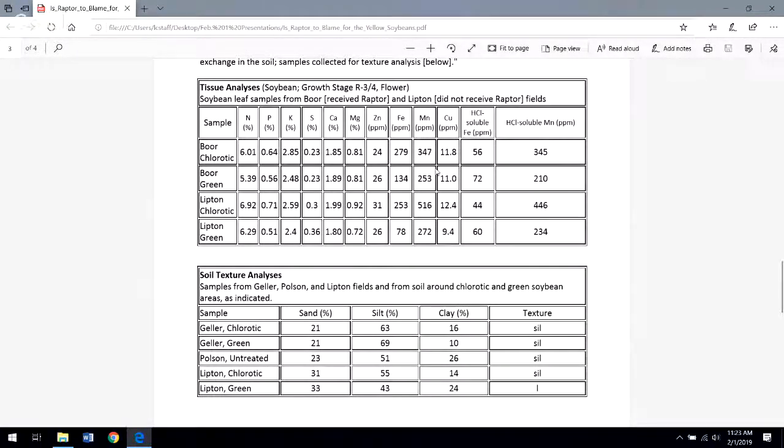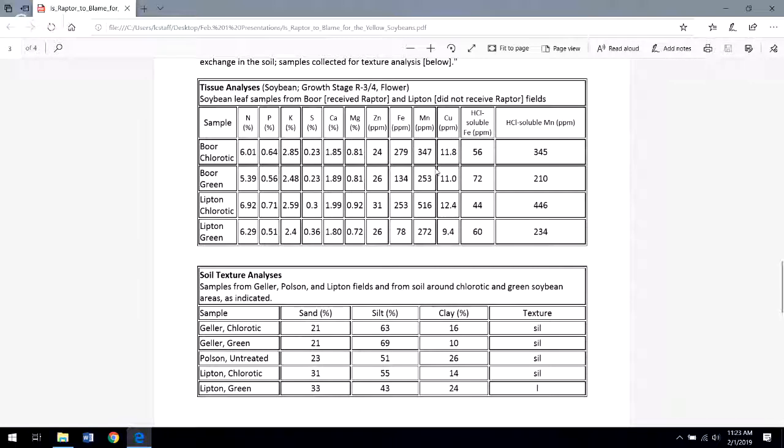So if you're just looking at that tissue test, which the students would do, this is a plant nutrition course. What does that tissue test tell you? What do you see? A difference in the iron.